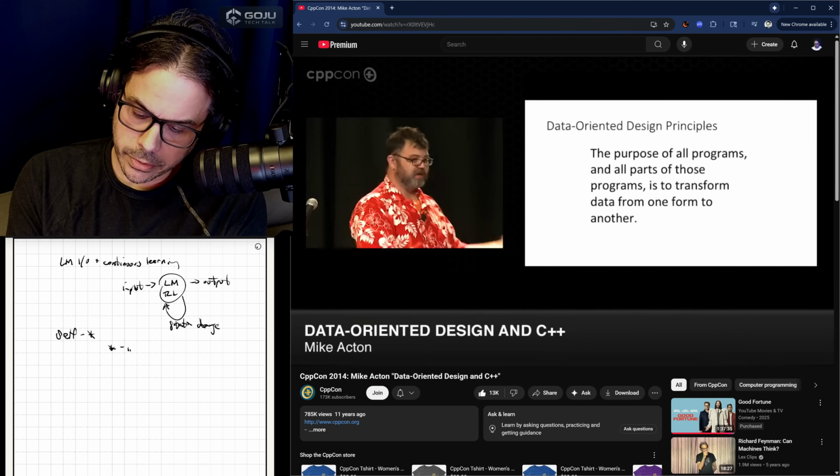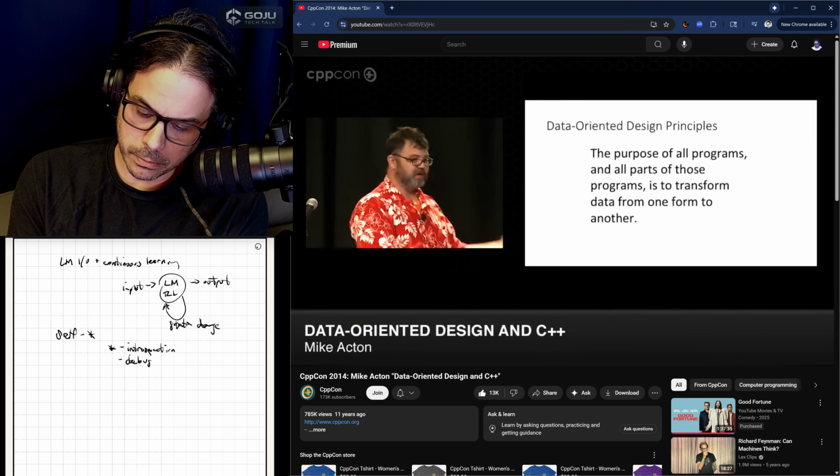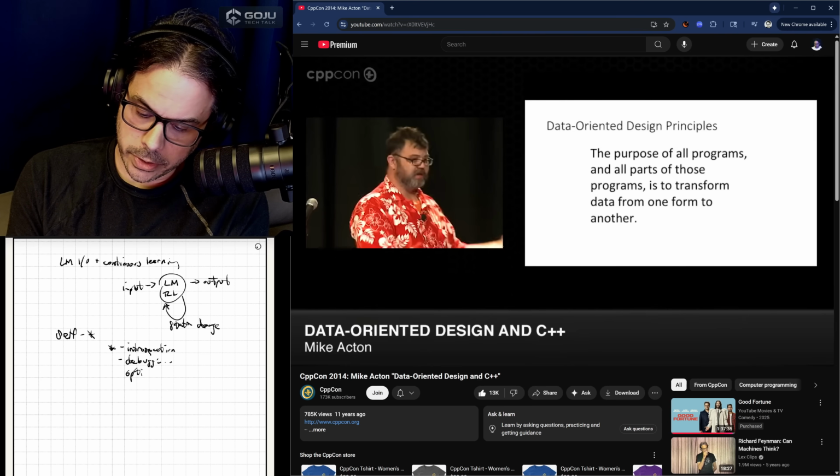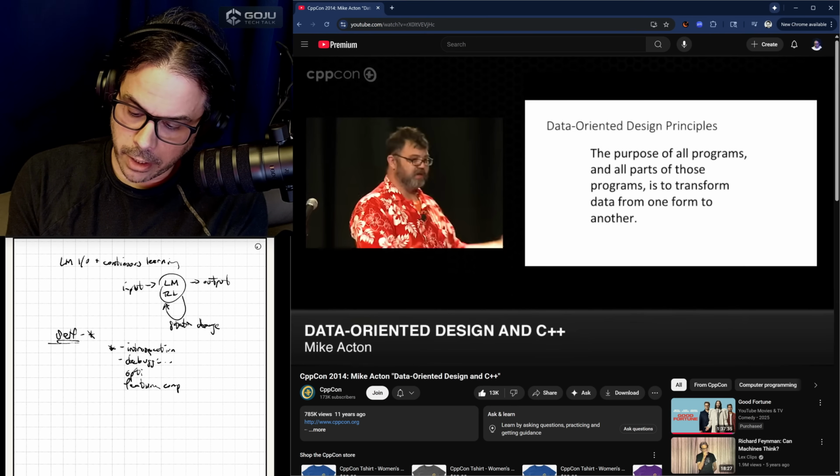It stands for things like introspection, debugging, optimization, feature completion. It's just doing stuff. This self-star stuff is, I think, deeply aligned with the machine programming movement.